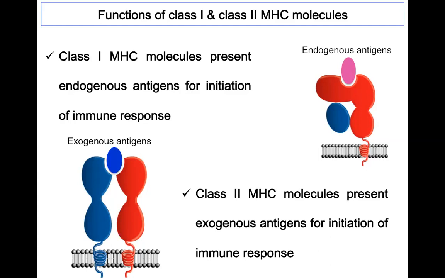Class 1 MHC molecules present endogenous antigens. What endogenous antigens are, we are going to learn in our next slide. And class 2 MHC molecules present exogenous antigens for the initiation of immune response. So that's a very important point to memorize: which one is for class 1 and which is for class 2.